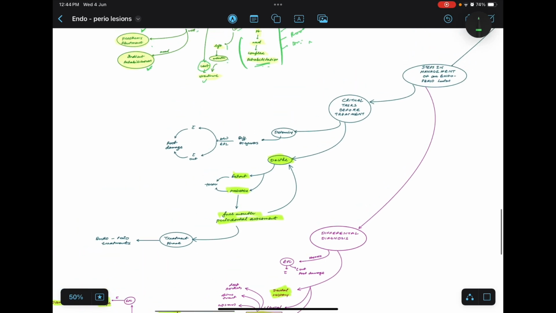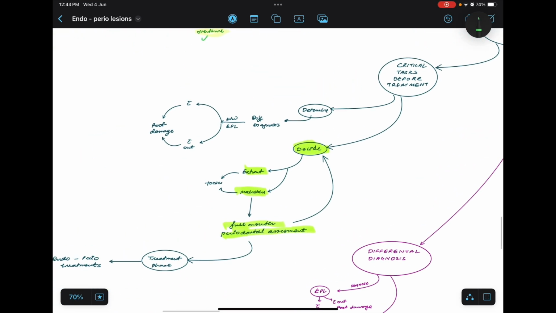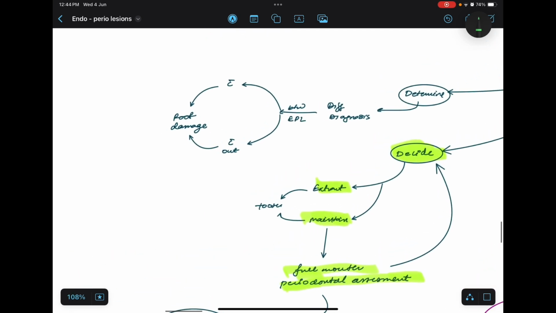Now, coming to steps in management of an endo-perio lesion. Some critical tasks that we need to do before we go ahead with treatment are to determine the differential diagnosis of EPL, that is whether it's with root damage or without root damage.